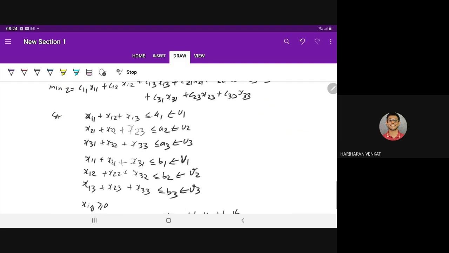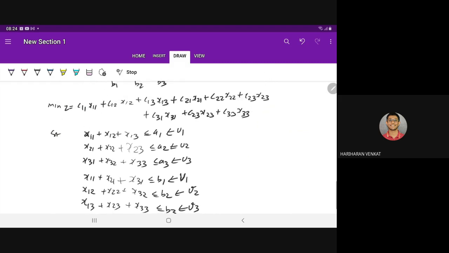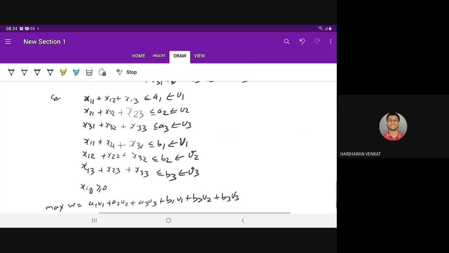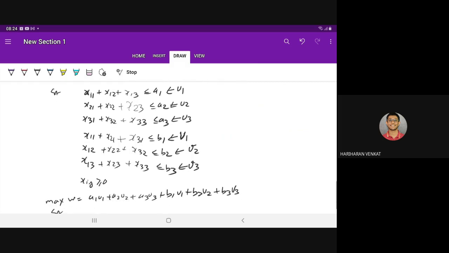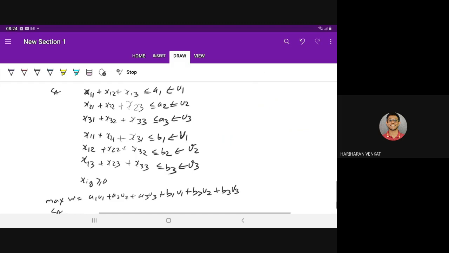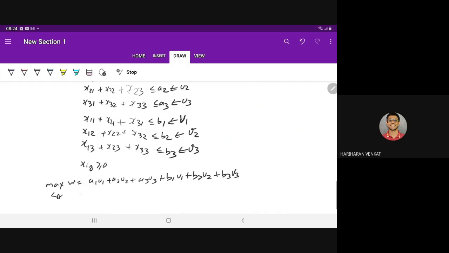Subject to u1 plus v1 less than or equal to c11, corresponding to x11.